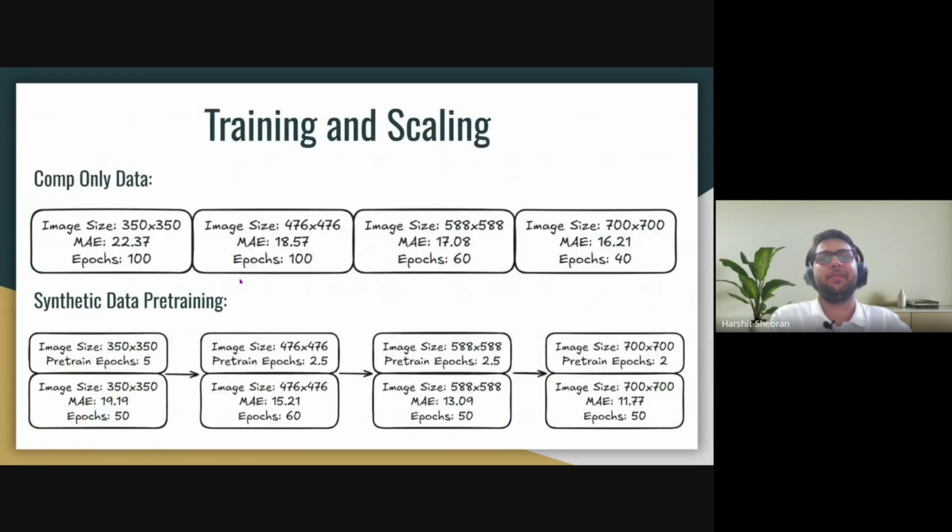And then I fine tune on these parts. I'm pre-training for 5 epochs, I'm fine tuning for 50 epochs, and this leads to a much better score here. And continuously, training for about the same time as we did here, we are actually converging to 11.77 instead of 16.22.